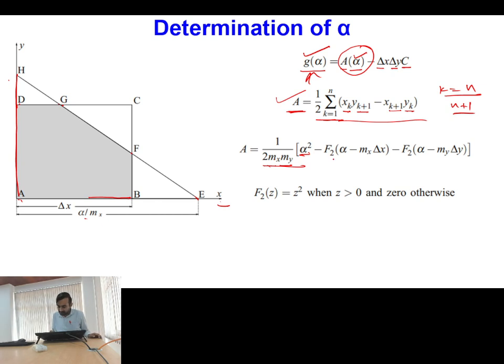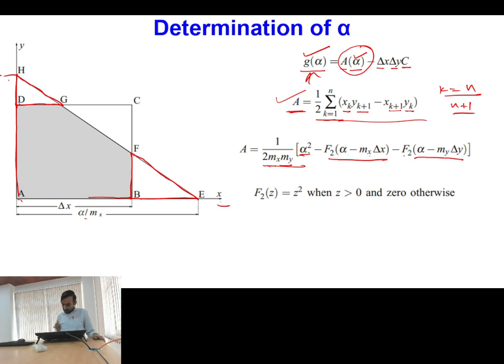Then minus some function of alpha minus m_x into delta x. This gives you the area of the triangle segment BEF. Minus f2 of this function gives the area of the triangle segment DGH. So ultimately you will get this shaded portion.